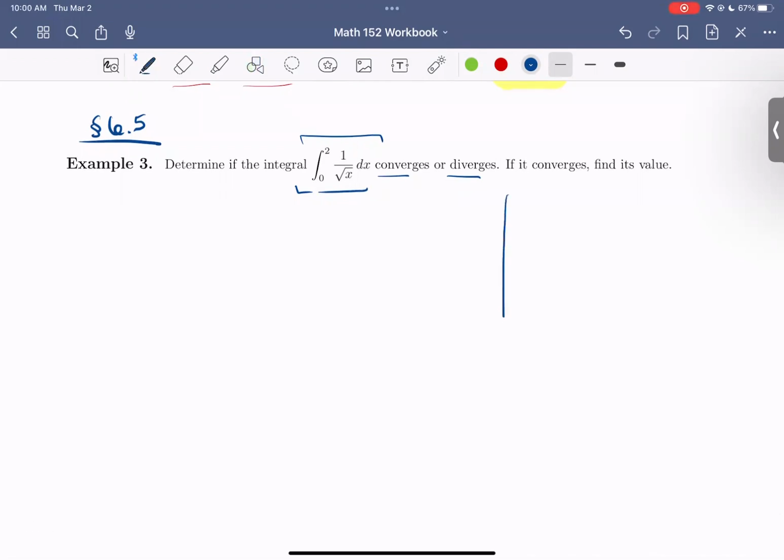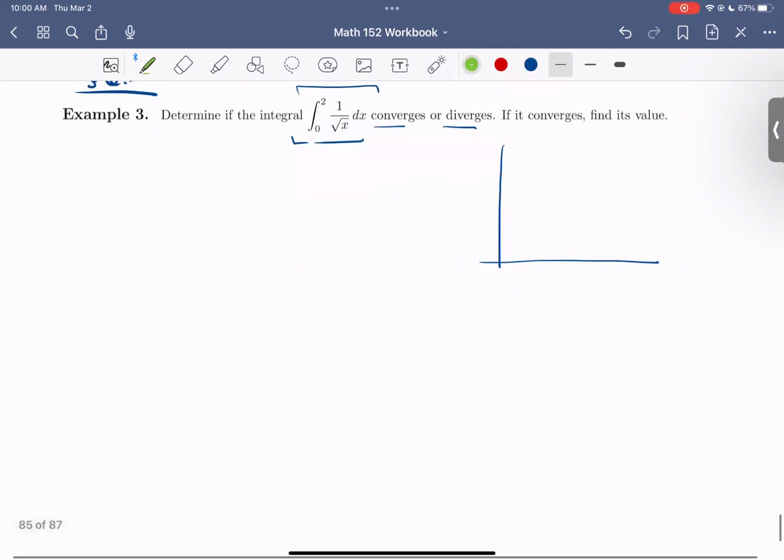So we have our set of axes here. And if we were to graph 1 over x, or 1 over root x, it kind of looks something like this. As we get close to 0, the function gets larger and larger. But at 0, it's undefined because we can't divide by 0. And then at 2, we get 1 over root 2, so down like this. And at 0, we're here.